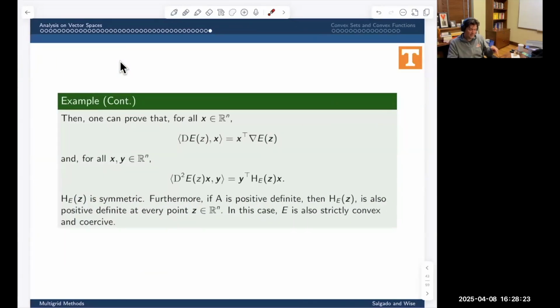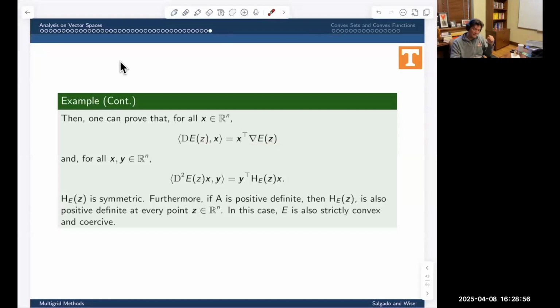And then one can prove that actually the first Frechet derivative, remember what is Frechet derivative? For every z, it's going to be a bounded linear functional. And in fact, in this case, it's just the action of the gradient operator going together with the dot product with any vector. So the action of this on any x is just equal to x transpose times that gradient.